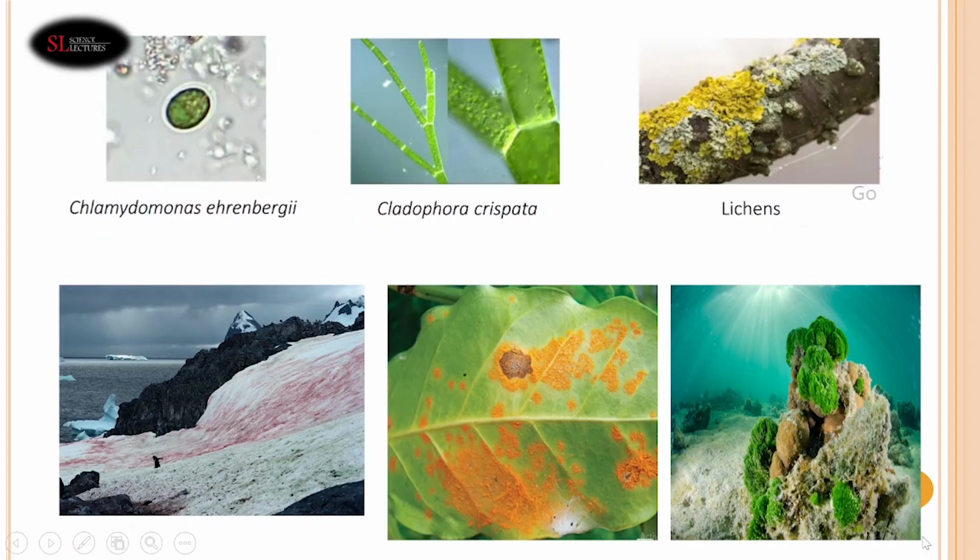So I have some illustrations here. We have Chlamydomonas ehrenbergii here. We have the Cladophora crispata here, and the one that we said grows on snow. This is a lichen. We said it is an association between algae of the genus Nostoc and fungi.